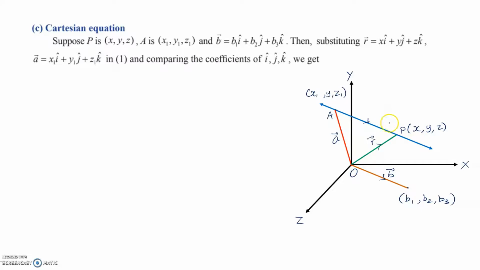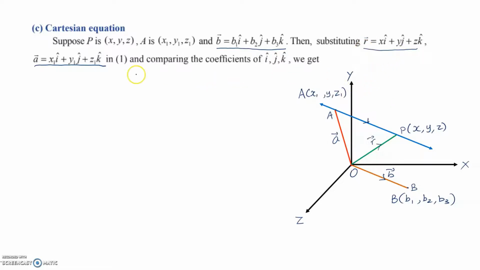So these are the coordinates of A, and that's P, and we can define this point as B. So this is my coordinate B. We can write our vector B as this, vector A can be written as this, and our vector R can be written as this.